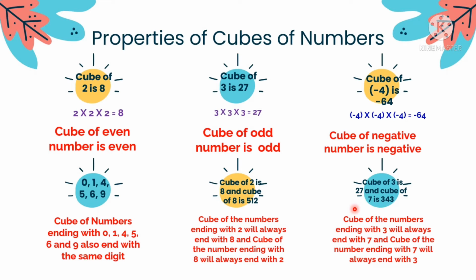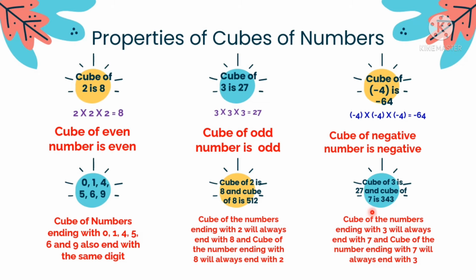Now the last property: the cube of 3 is 27 and the cube of 7 is 343. Whatever number is given to you, if its unit digit is 3, the cube of that number will always end with 7.